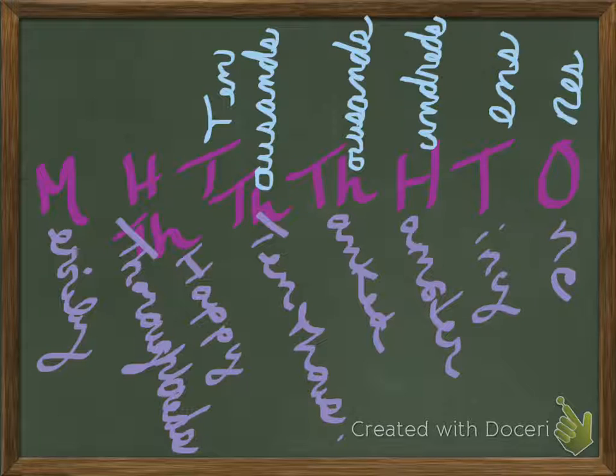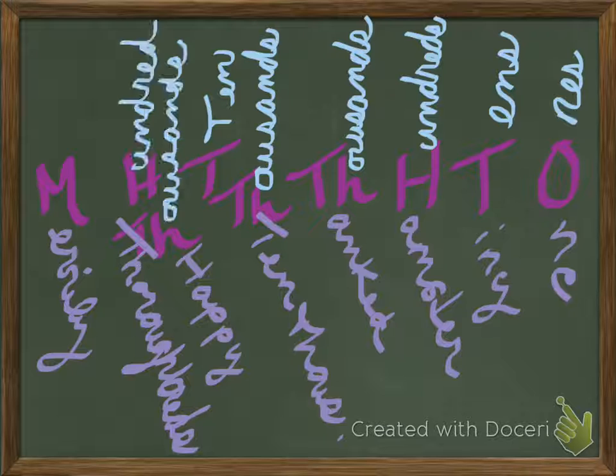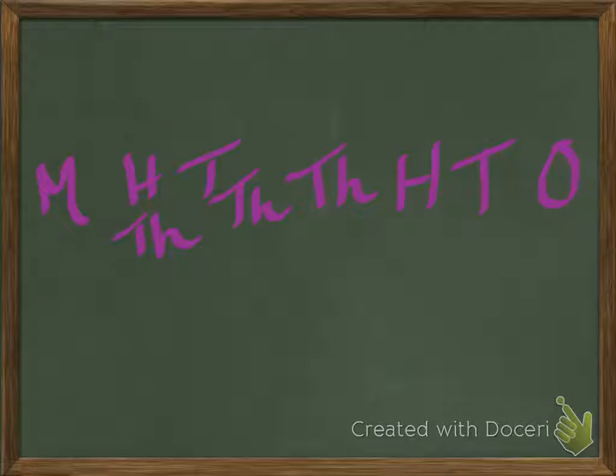The HTH stands for the 100,000s column, and the M stands for the millions place, which everybody loves. So we have the ones, tens, hundreds, thousands, 10,000s, 100,000s, and millions. And let's not forget the commas.